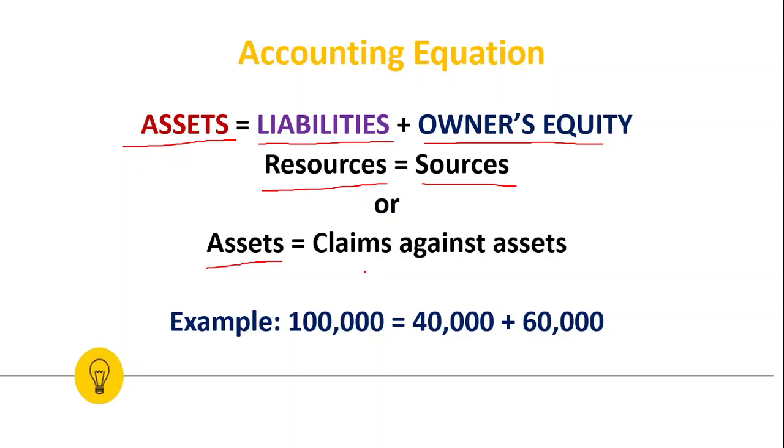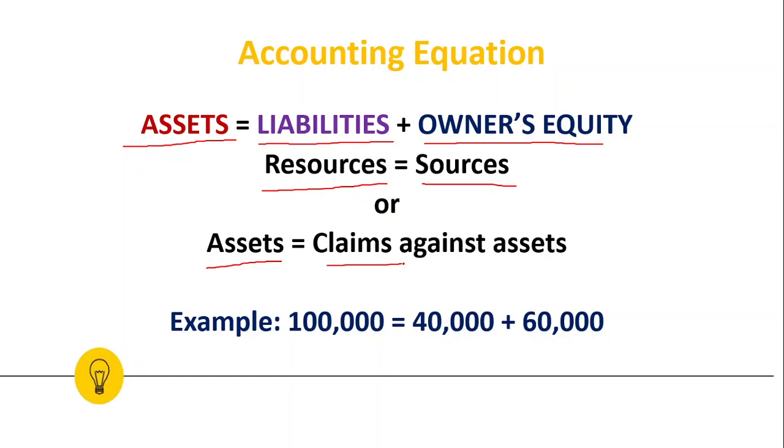Why is it termed as claims? Because the ultimate claims on the assets are of your creditors who gave you money. If you are not going to pay them back, they'll have the claim on the assets. You need to sell a particular asset to pay the money back to your creditors. I'll give another example.